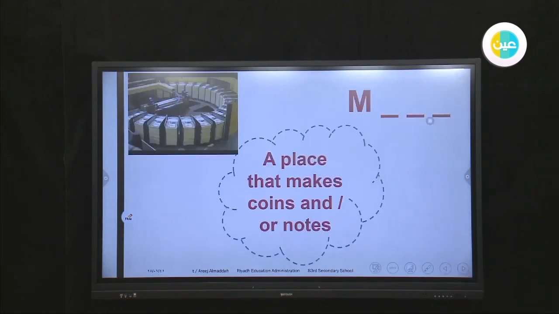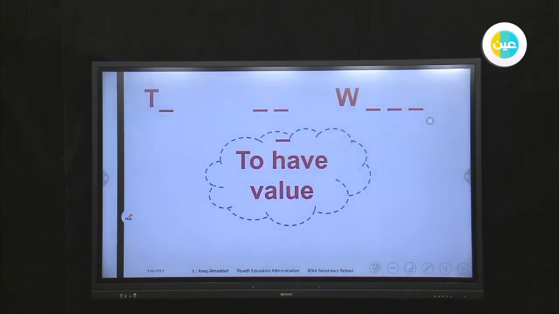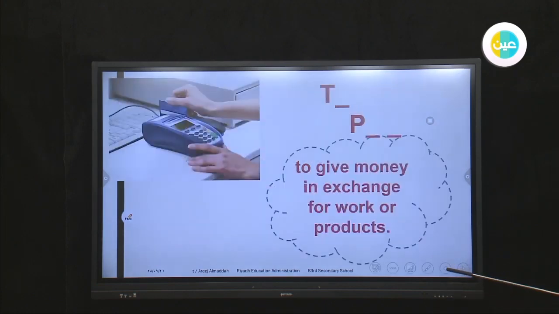A place that makes coins and notes, we call it mint. It's a place. To have value, to be worth, and to give money in exchange for work or products, to pay.